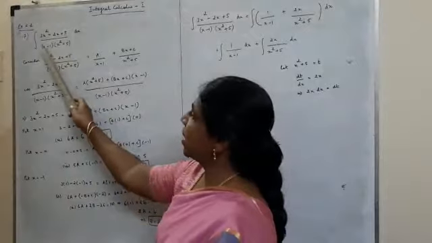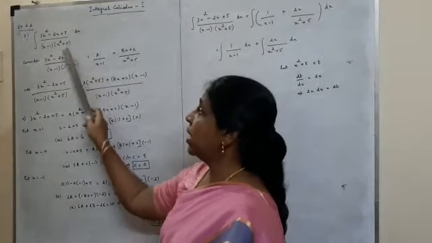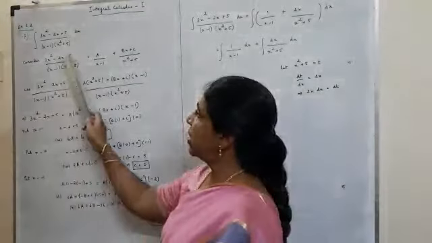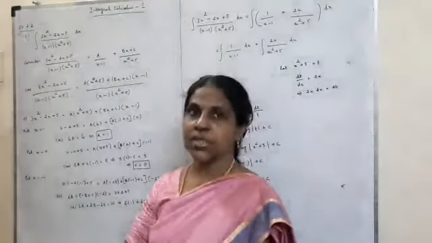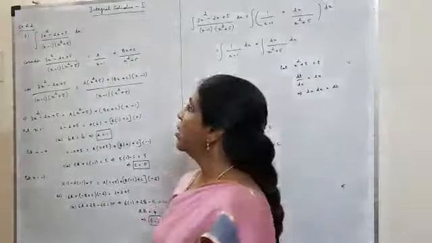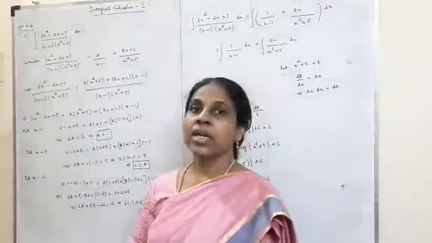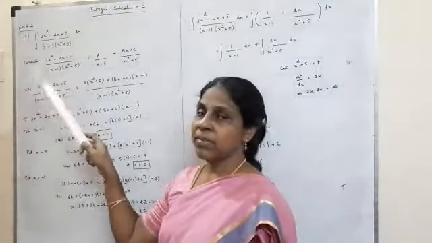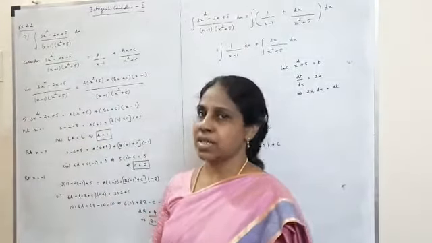When it is of the form x² plus some constant or minus any constant, we take the numerator as ax + b. And because we have assumed already the letter A here, we will take Bx + C.